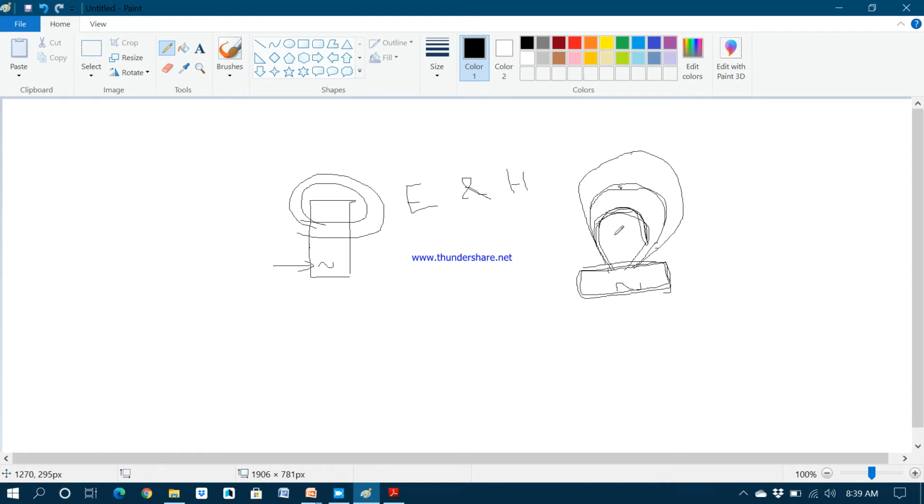It is found that the radiation is large in one direction while zero or minimum in some other directions. Here at this point it is zero, and here it is maximum radiation.